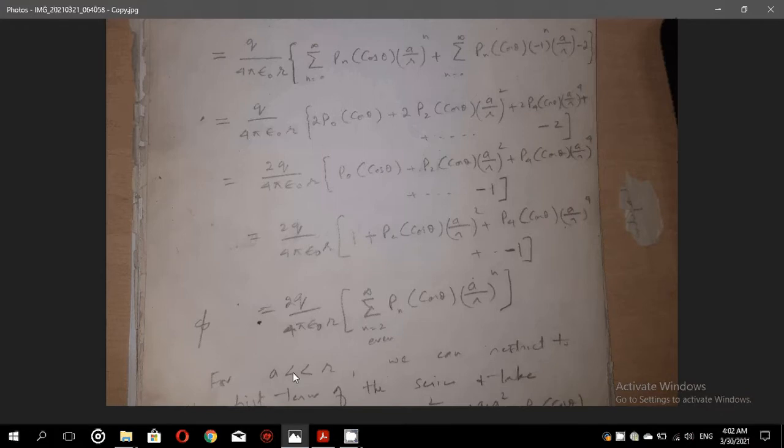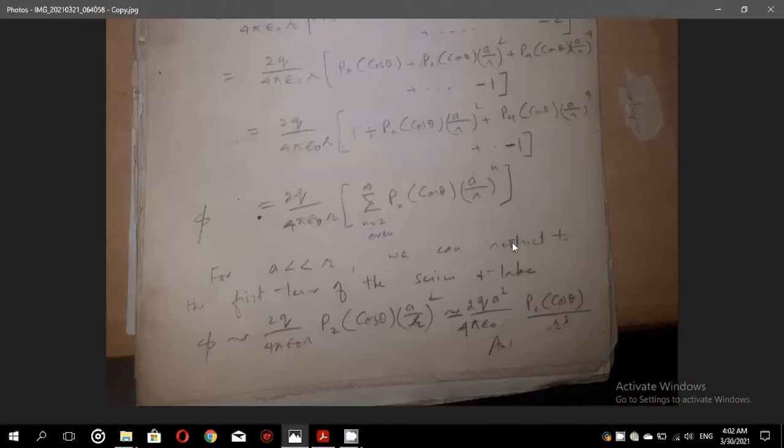Now for a much less than r, we can restrict to the first term of the series. If a is much less than r, then a over r will be a fraction, and when we take more and more powers of this fraction, the terms reduce drastically.